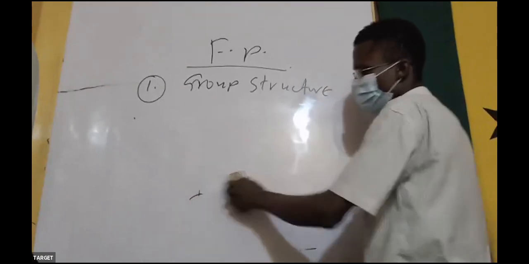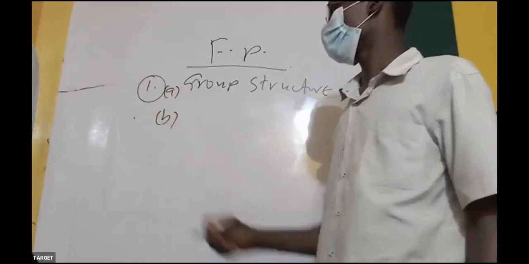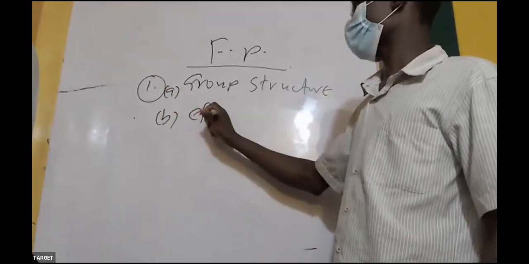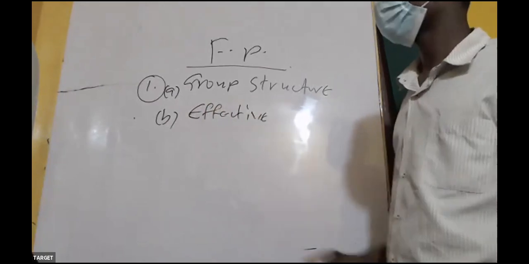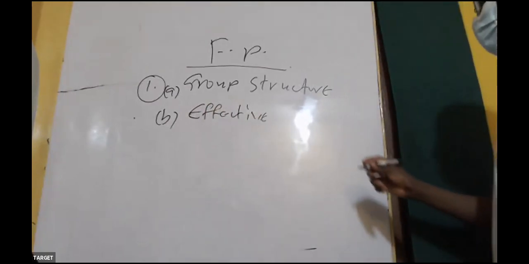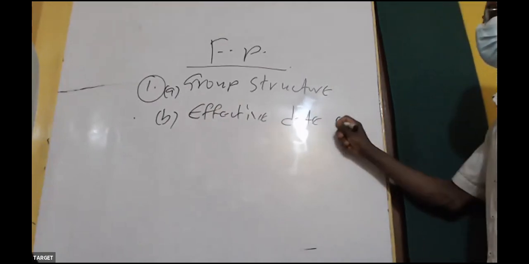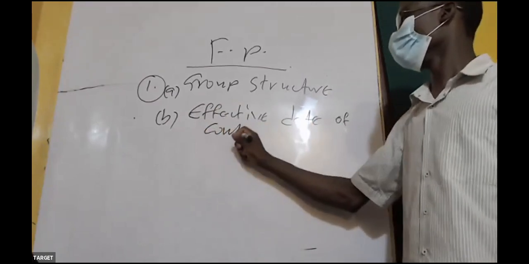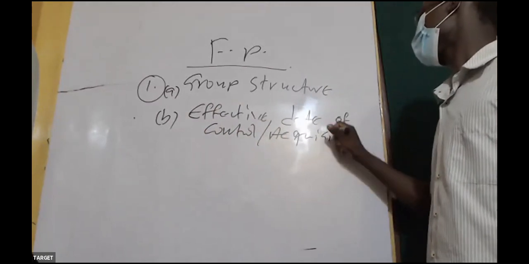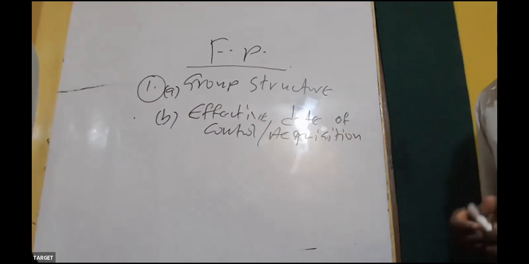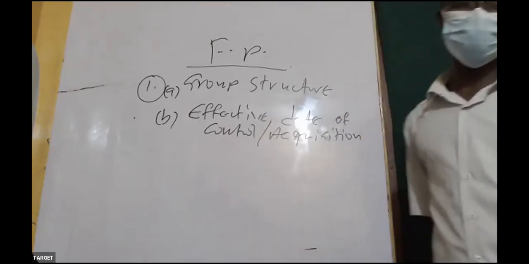Now, the group structure to the workings. We have group structure, then effective date of control or date of acquisition. Kindly tell us exactly the date the parent gained control over the subsidiary.